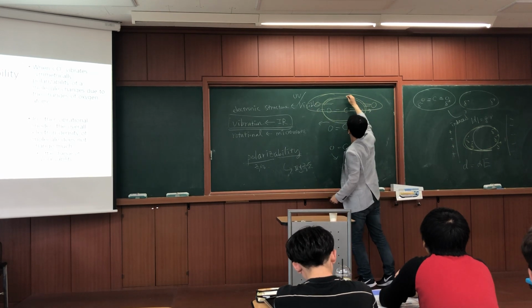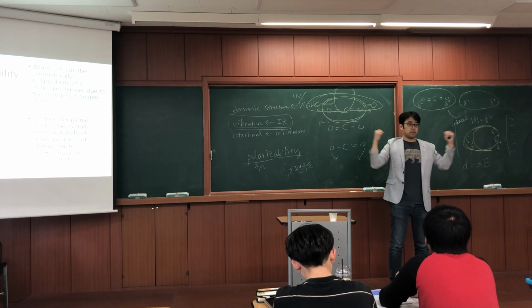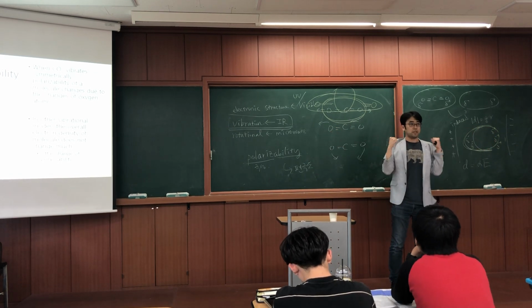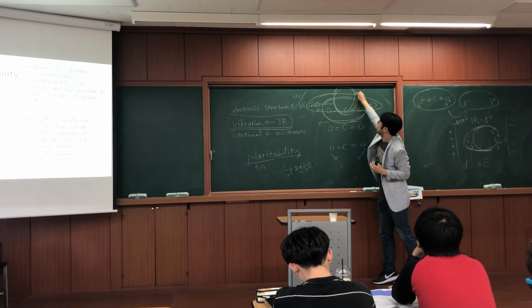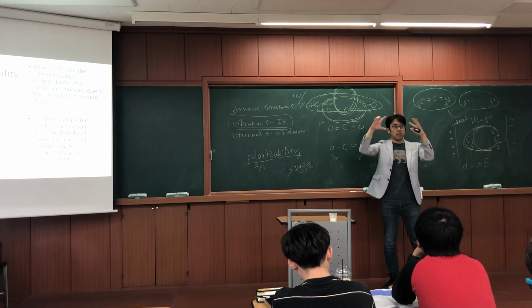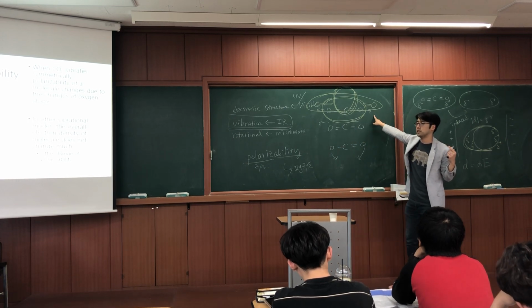So from here to here, as the length of the arm shortens, the electrons will be centered around here, right? So the whole shape of the electron cloud changes a lot, based on this vibration.